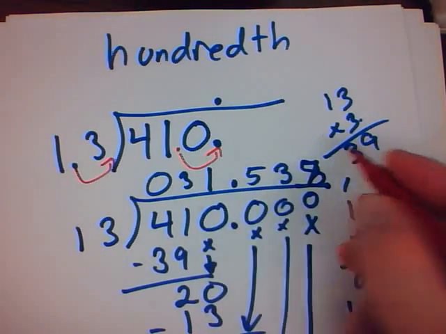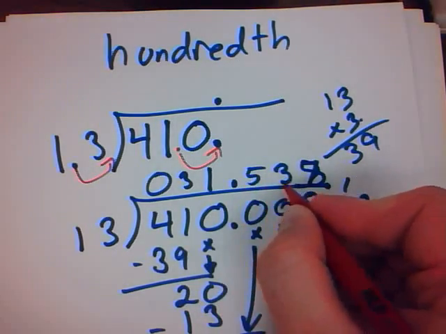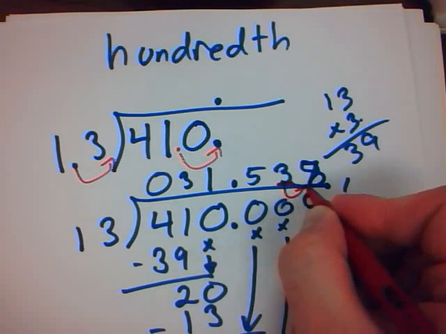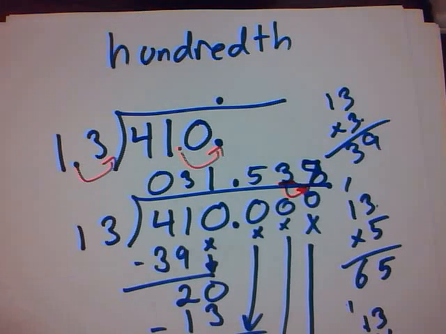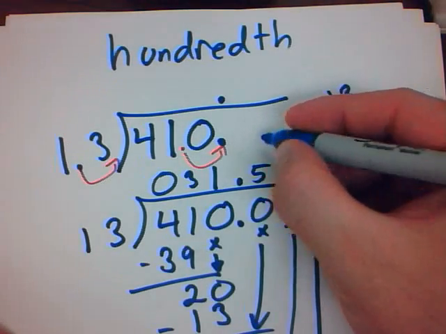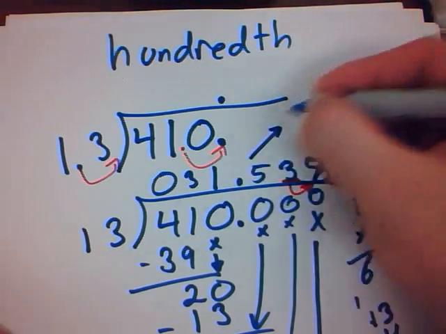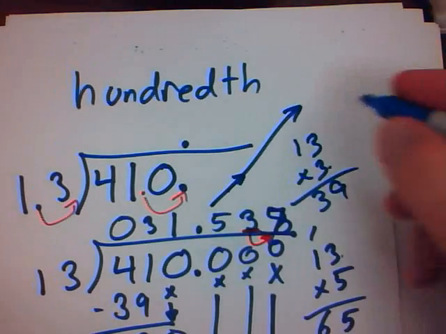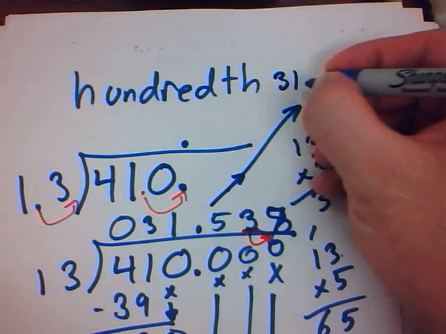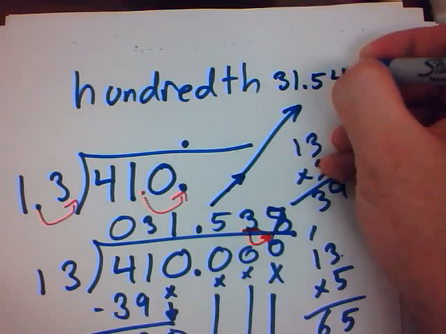Tenths, hundredths. Look to the right. Is that 5 or higher? It is. Therefore, this is going to be rounded to, I better move it over here so you can see it, 31.54.